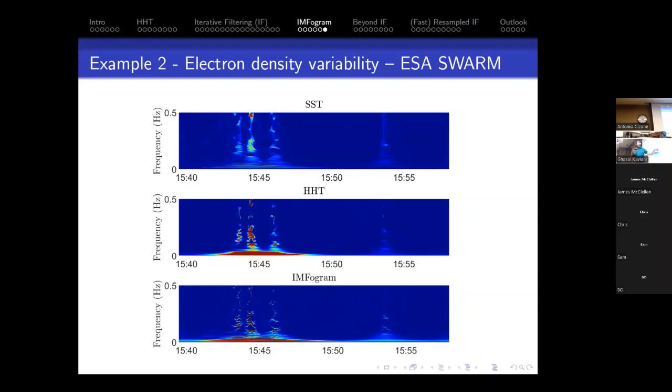And look how ugly it gets. There are all these lobes that are clearly mathematical artifacts. So the formulas are simple and neat, but the numbers you get are not as good as you wanted. That's what you can get with IMFogram, which is really close to the synchrosqueezing transform, but way more local and a way crisper image.